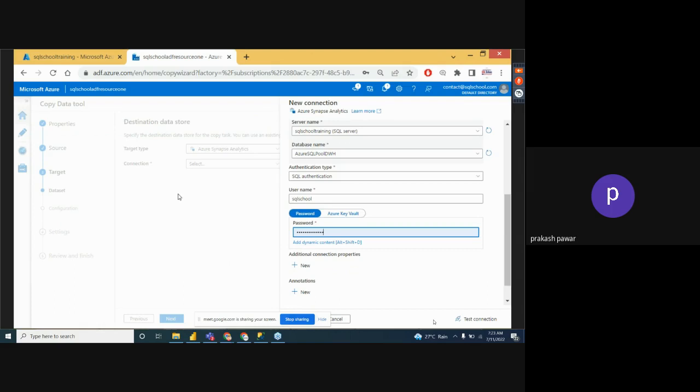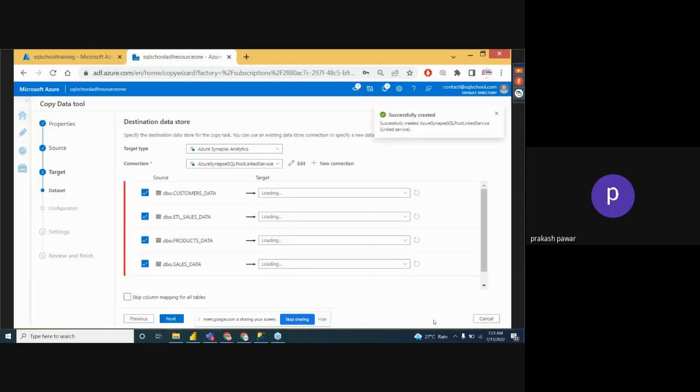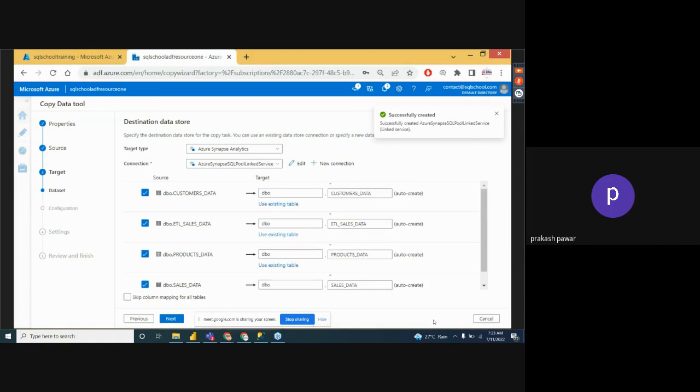Here it is. Test connection. Click create, just click create like this. Okay, next.